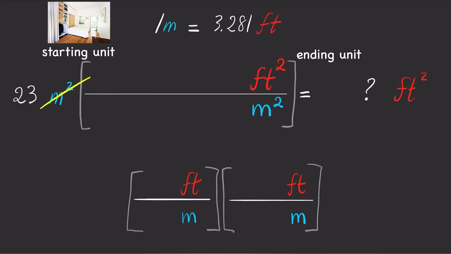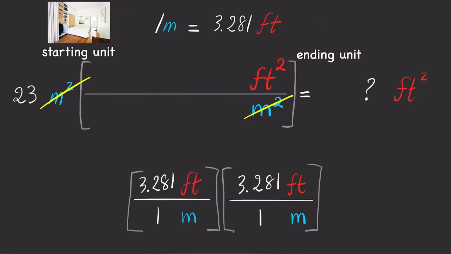Now, we can cancel the square meters, leaving square feet as the only unit, which is what we want to end with. Go back to the conversion factor when we only had feet in the numerator and meters in the denominator. Knowing that 1 meter equals 3.281 feet, place the same numbers into the ratio we have.